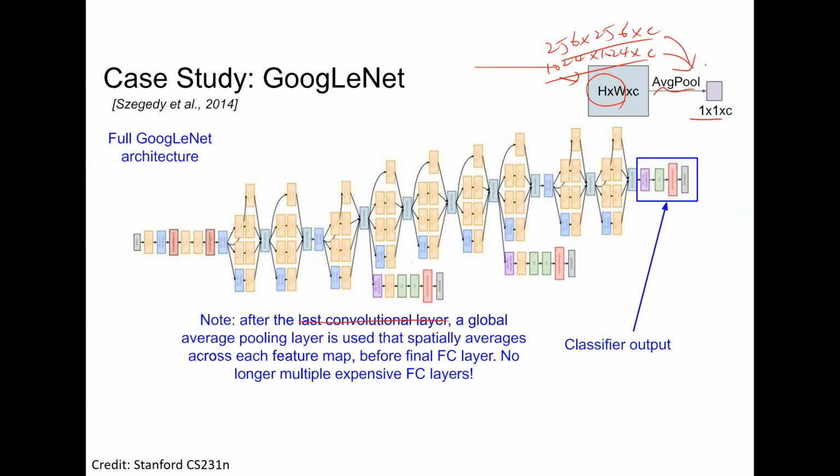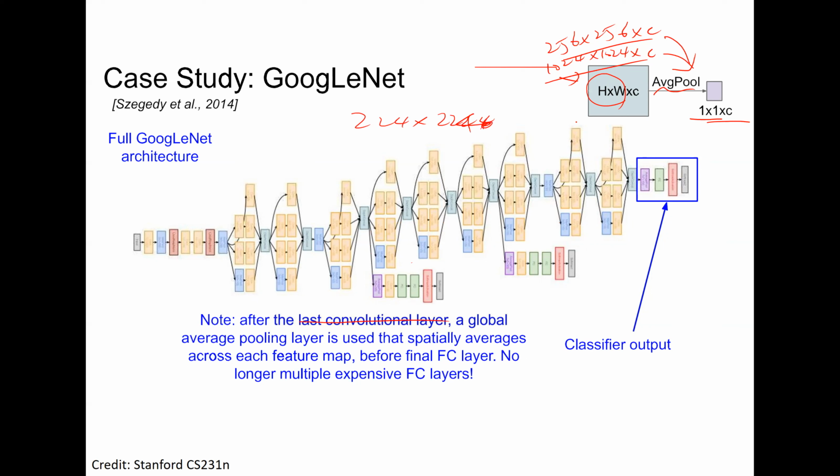They all become 1 by C. Which means InceptionNet can handle any sized input image. The previous network architectures cannot handle varying image sizes. The input image size should be fixed to 224 by 224.